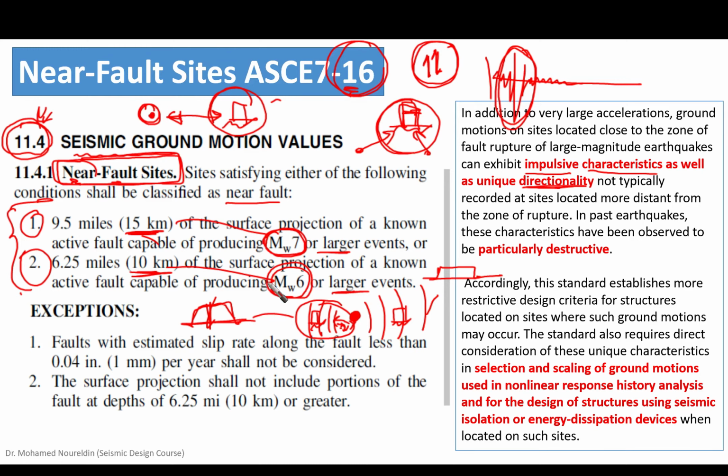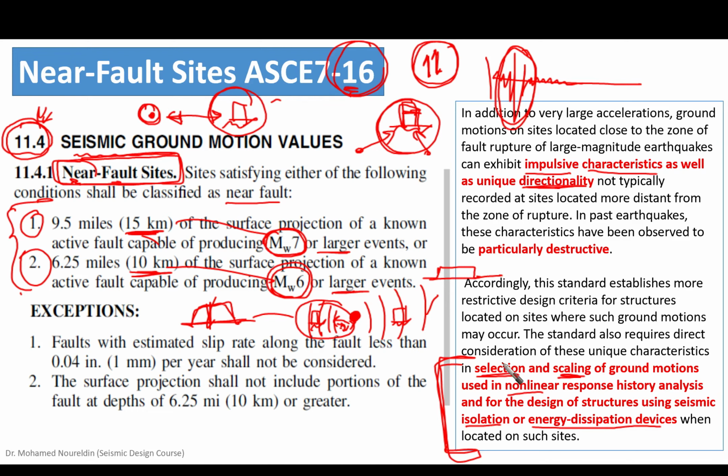Whenever we know that this is a near fault site, then we need to take care of selection and scaling of the ground motions that are going to be used in nonlinear response history analysis, and for the design of structures using seismic isolation and energy dissipation devices. So these are the two consequences related to the near fault sites.